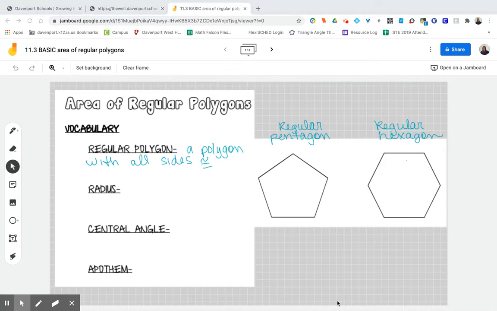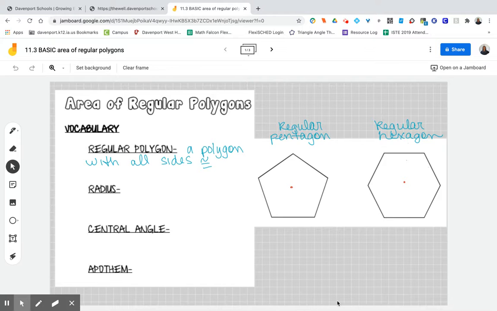So now we're going to get into the different pieces of a regular polygon, and the first is the radius. I want you guys to imagine that you have a center point somewhere here, right smack dab in the middle of your polygon.